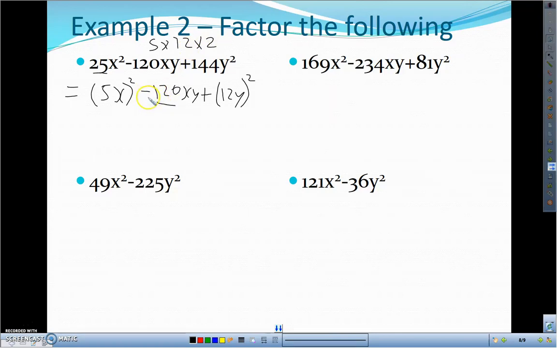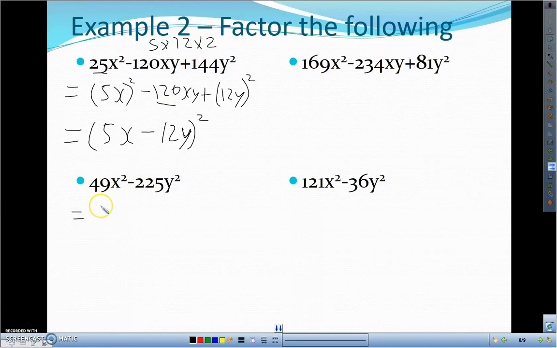Notice that this is also minus, so on our end we're going to have a minus inside, so this turns into 5x minus 12y squared, and that's as far as we can go. And we know that we can do that because that middle term, 5 times 12 times 2, is 120.